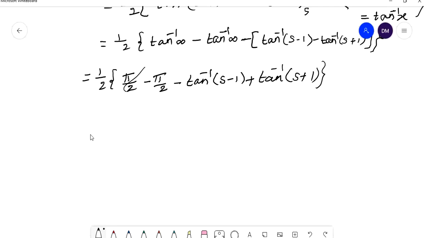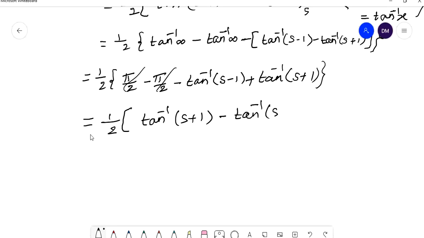Here pi by 2 is cancelled, so this is equal to 1 by 2 into tan inverse of s plus 1 minus tan inverse of s minus 1, right?